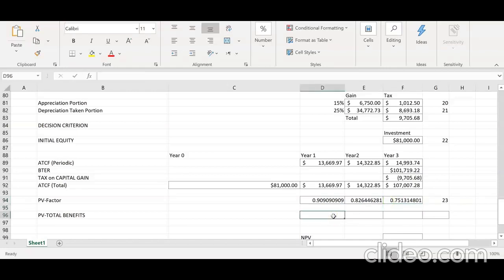Okay, we should calculate the present value of total benefits now. We should be able to calculate this, multiplying by the after-tax total for the first year.